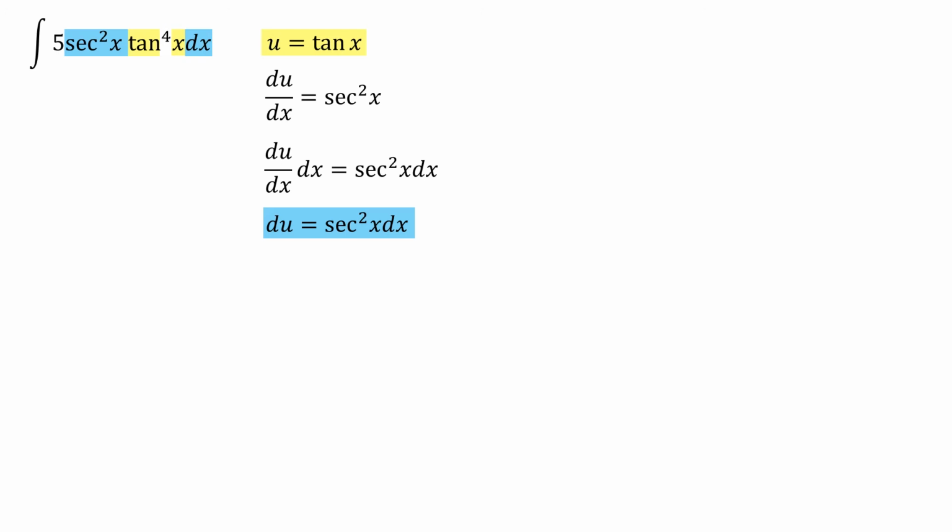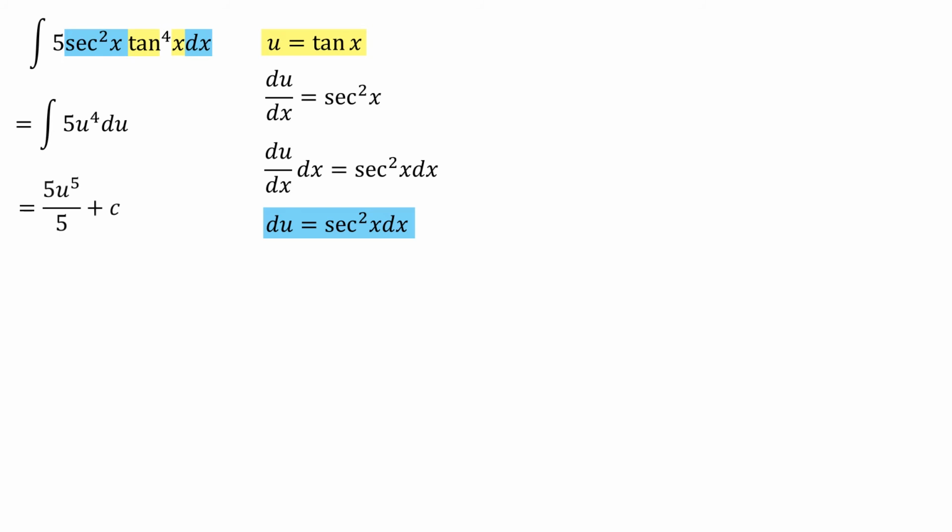So the integral symbol can just sit there. That 5 can just sit there. Tangent of x has been replaced by u. So instead of tangent of x being raised to the 4th power, u is being raised to the 4th power. And then secant squared x dx is replaced with du.